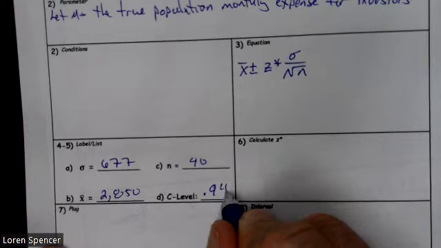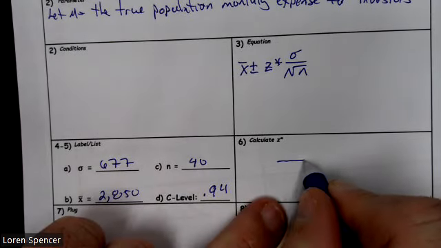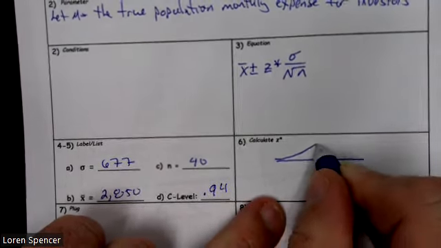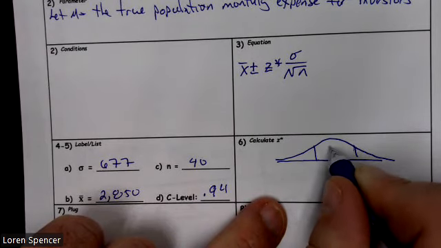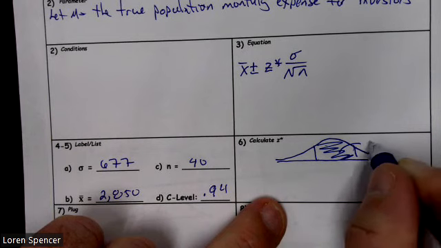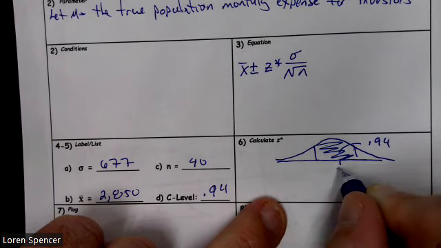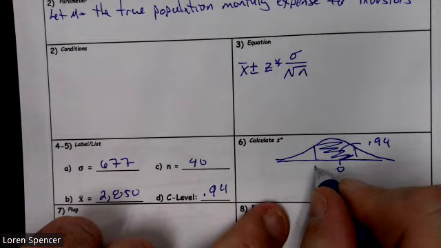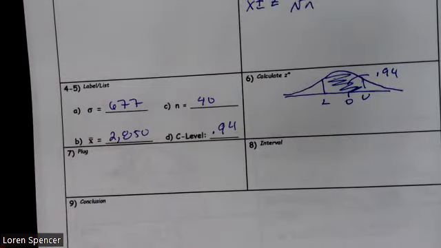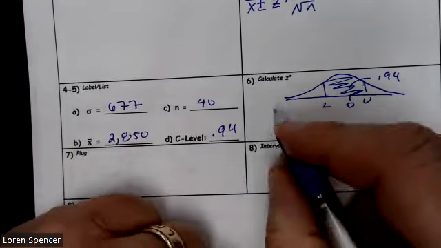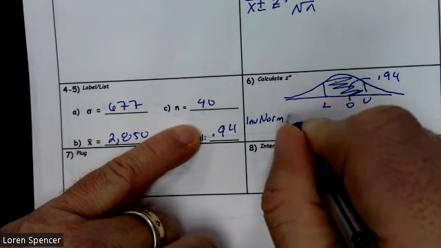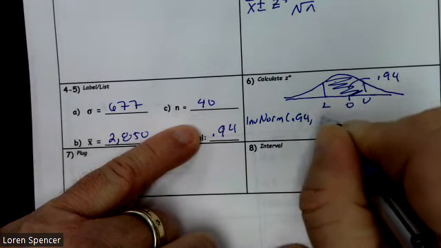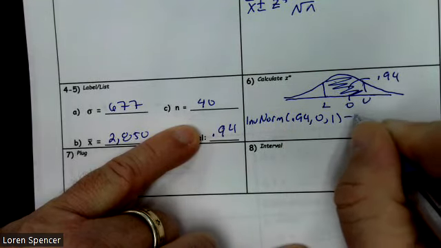Next thing we need to do is calculate our Z star. So this area right here, 0.94. We're working with a Z-test, so we're centered on 0. This is my lower, this is my upper. So this will be an inverse norm.